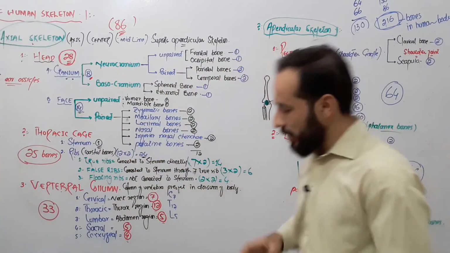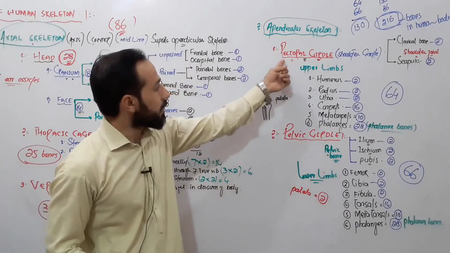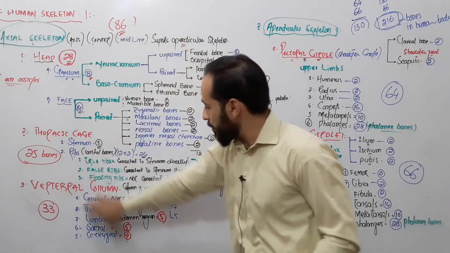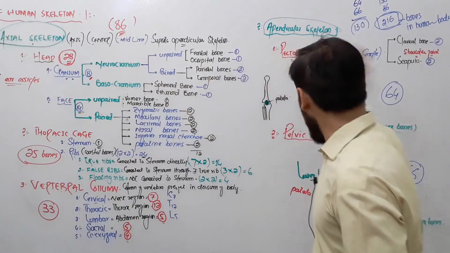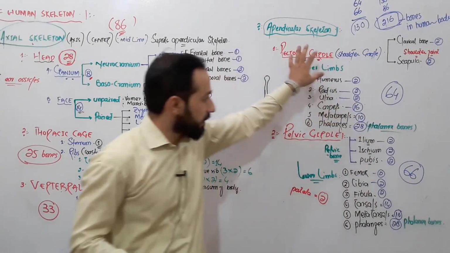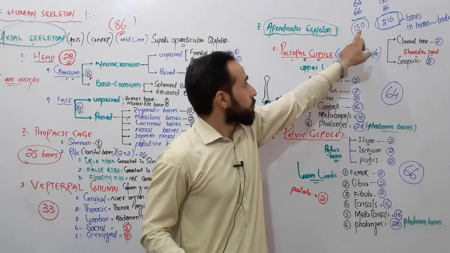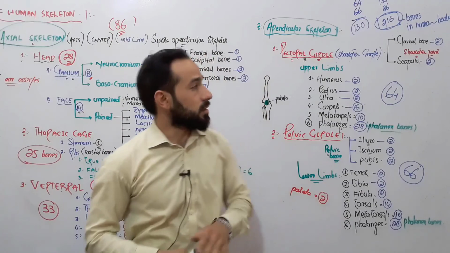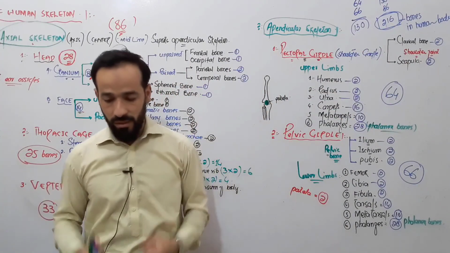And the appendicular skeleton is divided into pectoral girdle and pelvic girdle along with upper limb and lower limbs, right? So these are the bones of your axial skeleton, total 86, and these are the bones of your appendicular skeleton, a total of 130 bones. So 130 plus 86 make a total of 216 bones present in our body.